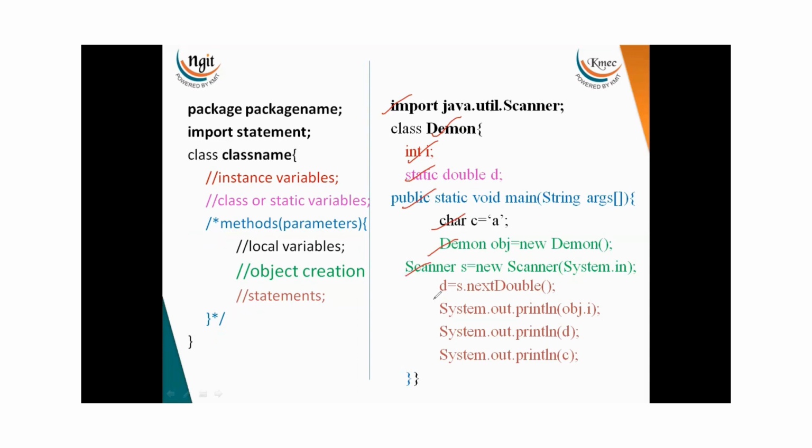By using the Scanner class, I want to read double type data. Then I'm displaying the data by using that object dot i, that is, the variable which we have taken, I am displaying with the help of this object. And I'm displaying the D which you read from the keyboard, then I'm displaying the character value C. So this is the way you can create the object and access the values of the variables by using the object. This is a simple example for class and object.